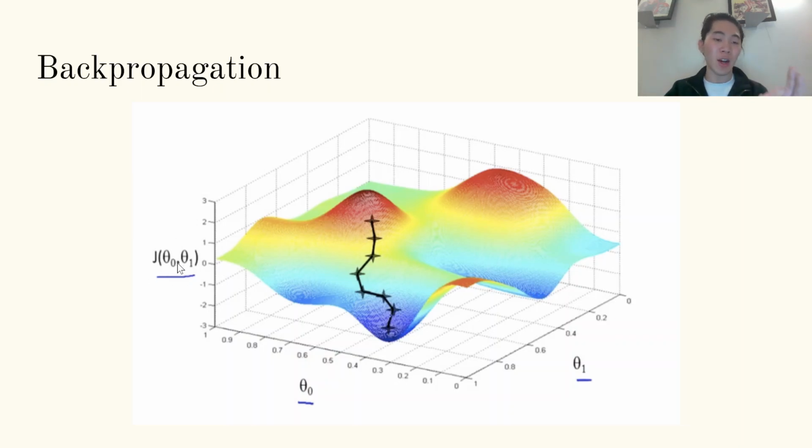So this J of theta 0, theta 1 is the loss, and your loss is minimized here for, I don't know, 0.8 and 0.4.